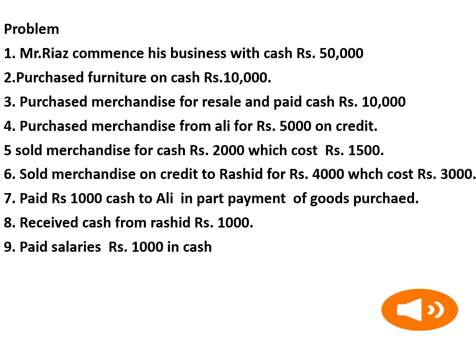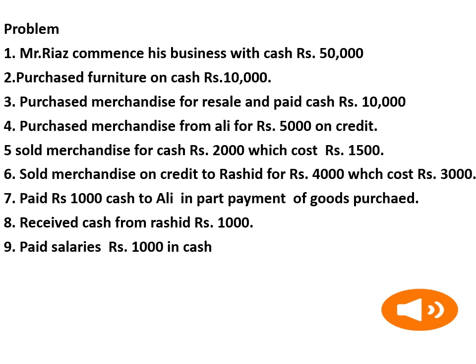Fourth transaction is that purchased merchandise from Ali for rupees 5,000 on credit. Fifth transaction is that sold merchandise for cash rupees 2,000, which cost rupees 1,500. Sixth transaction is that sold merchandise on credit to Rashid for rupees 4,000, which cost rupees 3,000.